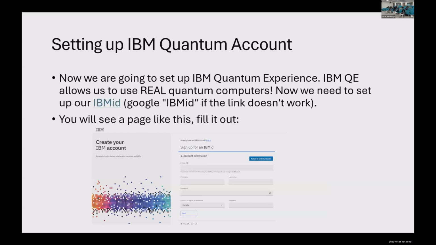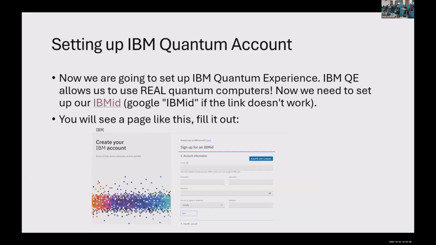Next, sign up for an IBM Quantum account. So go to IBM ID. It looks like this.